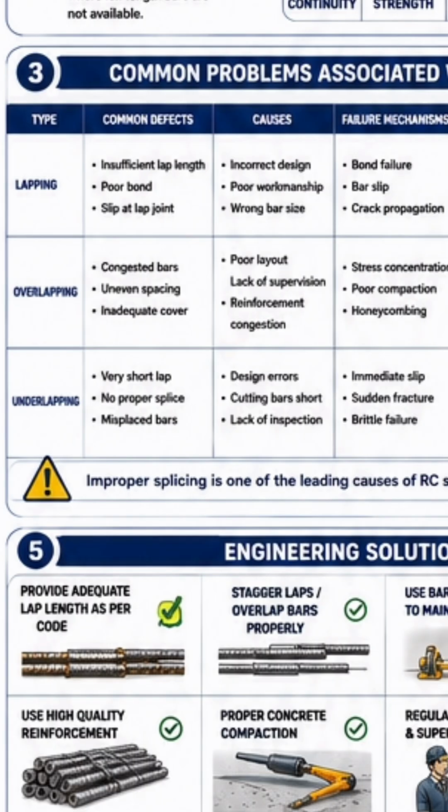Then for the underlapping, we have design error. Sometimes during the design procedure, there is a design error. Then cutting bars short. Sometimes your iron bender will want to cut a particular reinforcement, mixes up the reinforcement and ends up cutting bars short, or measurement error can actually lead to cutting bars short.